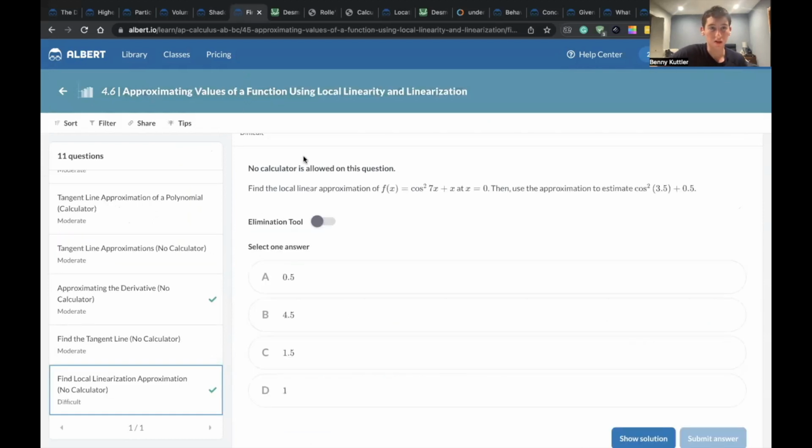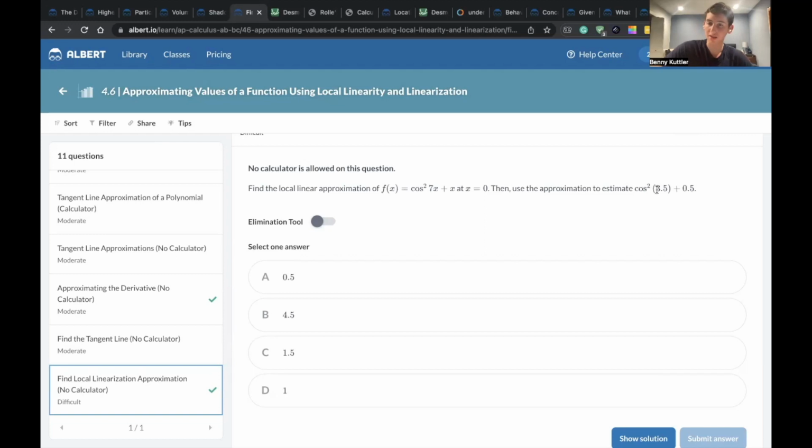Okay, next topic is the last topic of Unit 4, which is linear approximation. This can come in handy if you don't have a calculator. You're never going to be asked this on a calculator section, I don't think. But this is essentially a way to find an approximate value of a function at a point that you can't really evaluate easily.